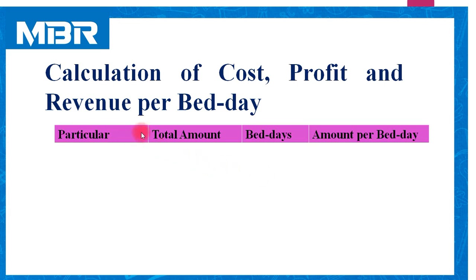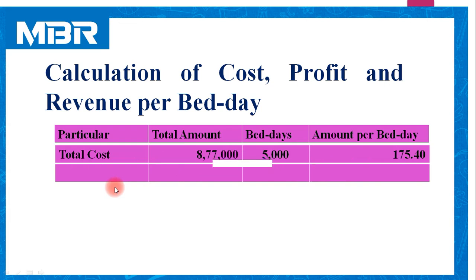First column is particulars, second column is total amount, third column is bed days, and fourth and last column, as we require over here, is amount per bed day. This is a very simple calculation. We need to insert the figures from earlier calculations only. So it is nothing more than compilation of the data from previous calculations.